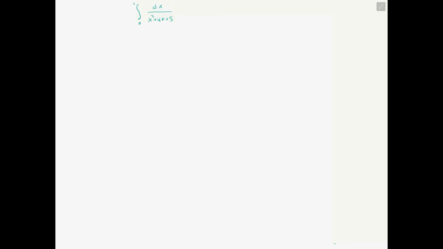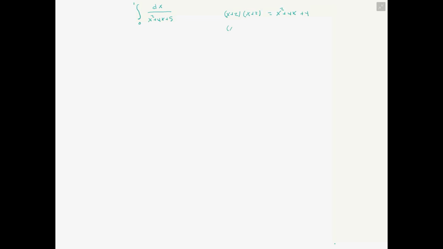we're going to square the denominator. So here we have x plus 2 times x plus 2, and that gives us x squared plus 4x plus 4. That's not quite what we've got in the denominator.